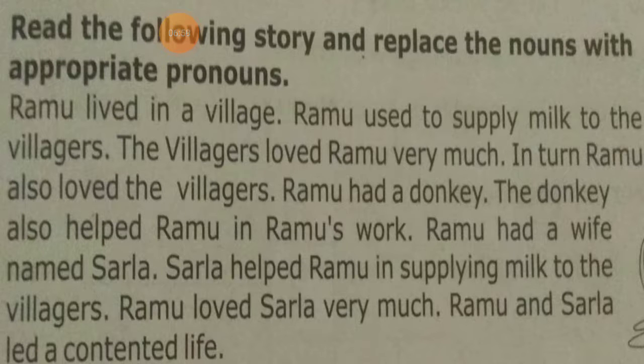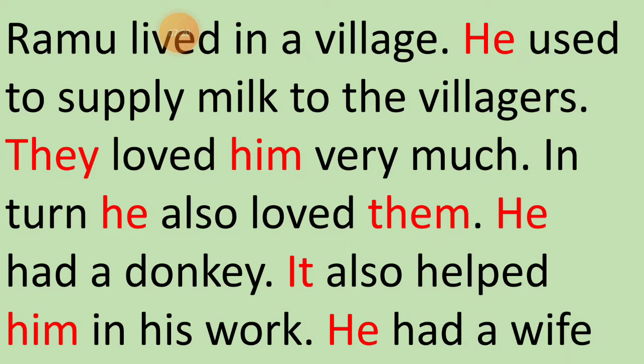So let us see. Ramu lived in a village. Ramu used to supply milk to the villagers. So here in the second sentence, instead of Ramu, what should we use? Ramu is a boy or a girl? He's a boy. So I should use he instead of Ramu.